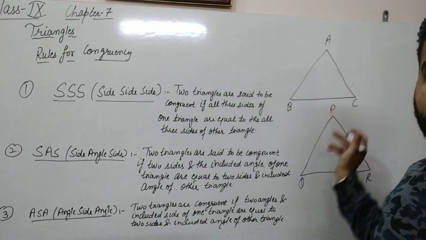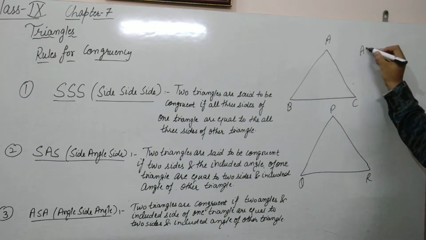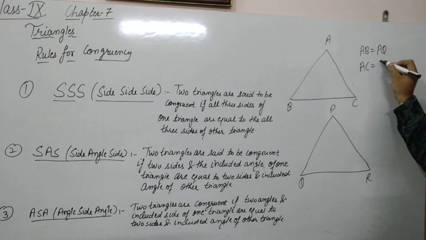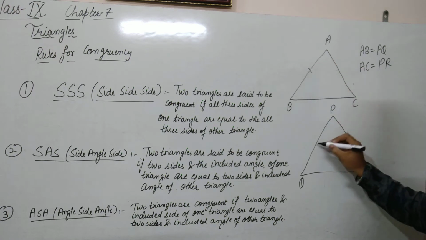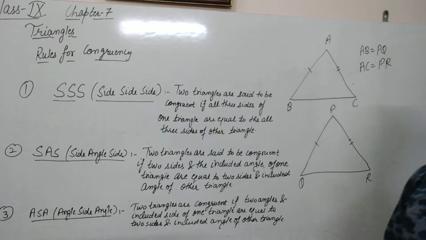Here two triangles are drawn, triangle ABC and PQR. For example, AB is equal to PQ and AC is equal to PR.